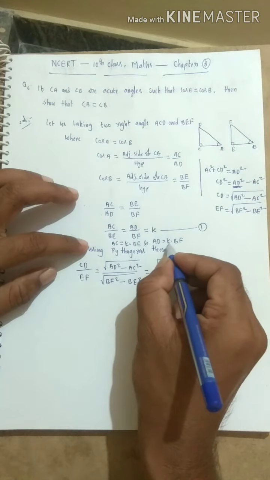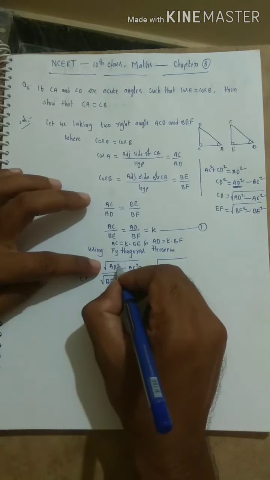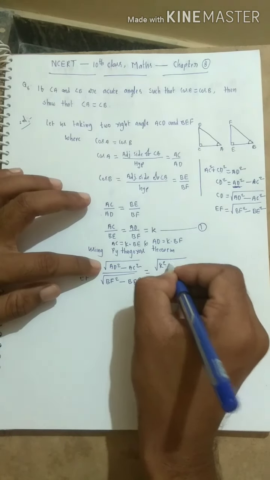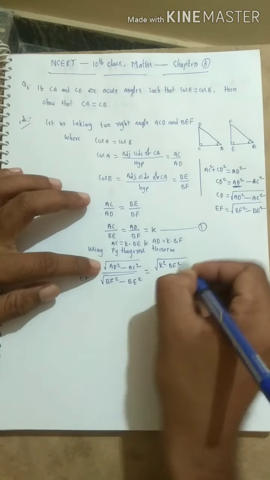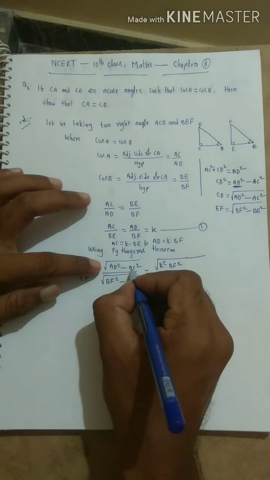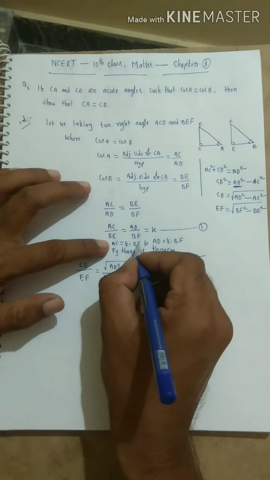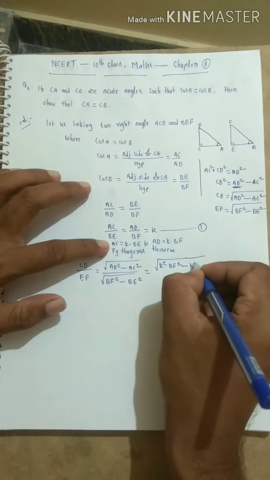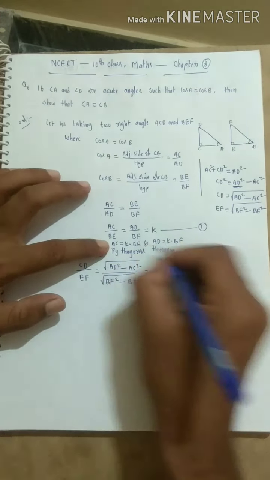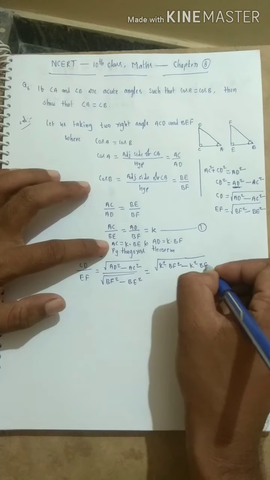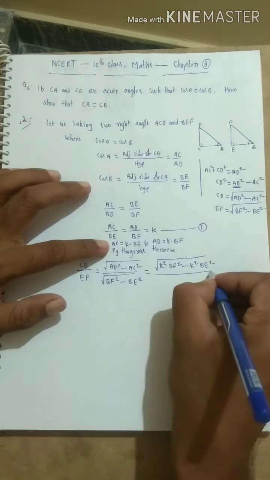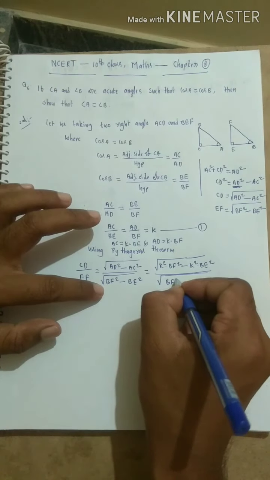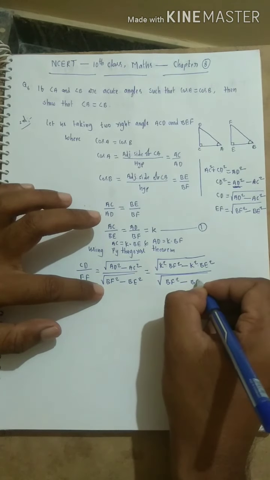AD value is K into BF, so AD square is equal to K square into BF square. Substituting the AC value, AC is K into BE, AC square is K square into BE square, upon the square root of BF square minus BE square.